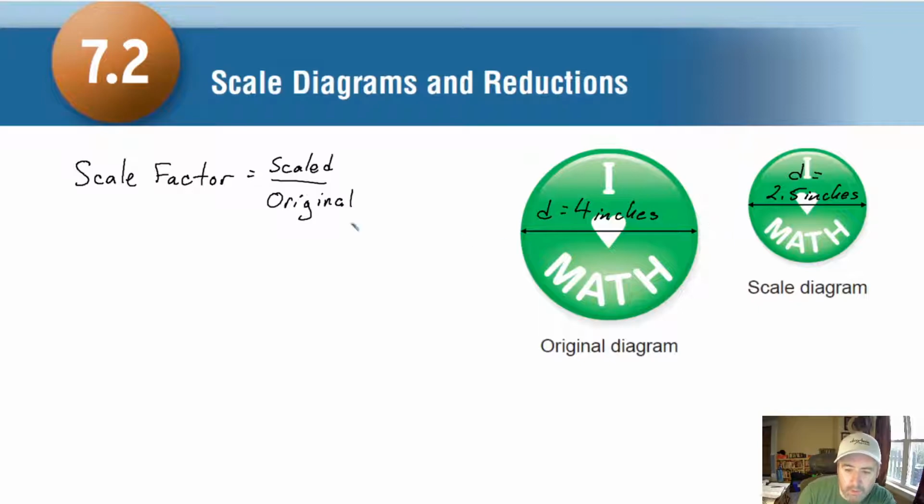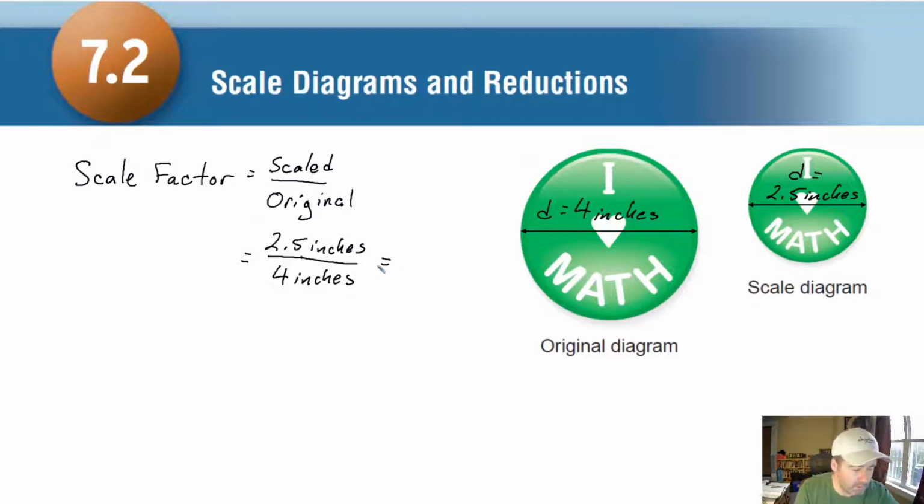All right, so to do our scale factor, just like we did before, it's going to be the scaled length divided by the original length. This time the scaled length is the smaller number, and that is where this tends to get tricky. You've got to remember, for a reduction, the scaled length is going to be the smaller number. So that's going to be 2.5 inches divided by 4 inches.